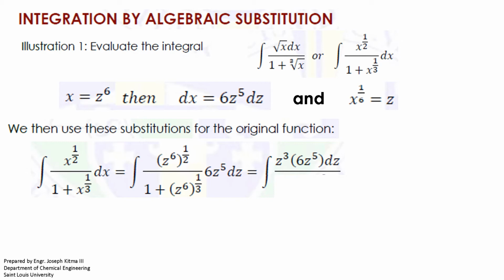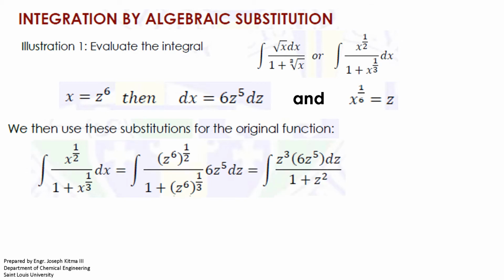And we copy the new differential of x, which is 6z raised to 5 times dz. For the denominator, we could simplify that as 1 plus z squared. And simplifying further, this becomes the integral of z raised to 8 dz all over 1 plus z squared, and then we multiply that by 6 before the integral sign.